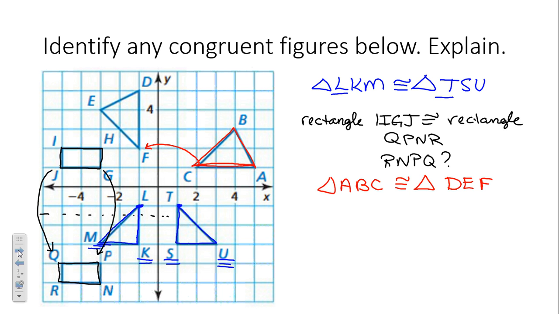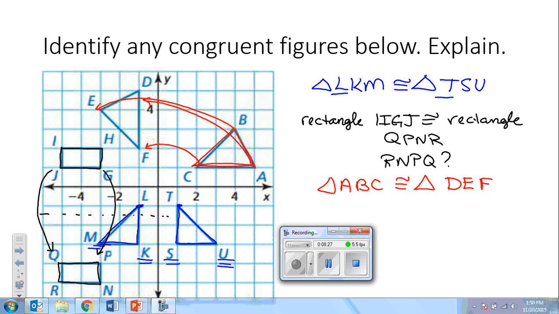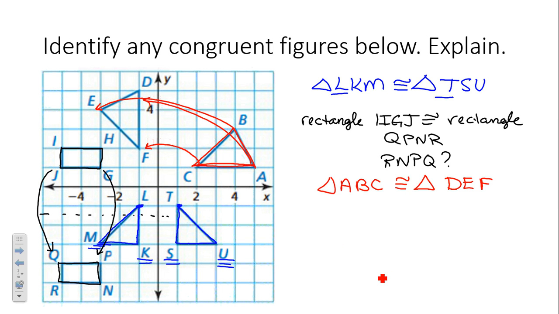What kind of a translation? A rotation of 90 degrees. And we can be sure. So this is a rotation, we think, 90 degrees counterclockwise.